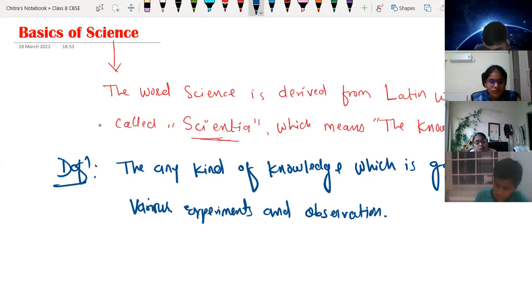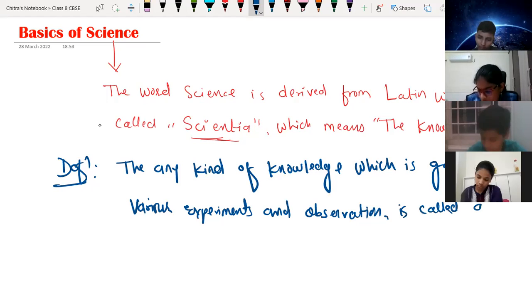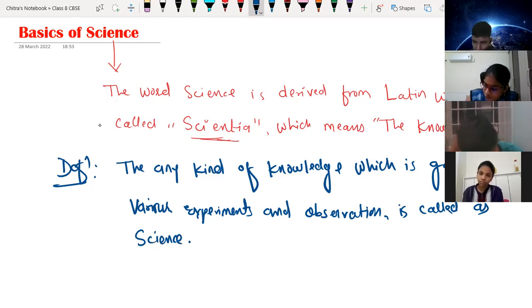Any kind of knowledge which is gained by various experiment and observation is called science. Understood everyone what science is?